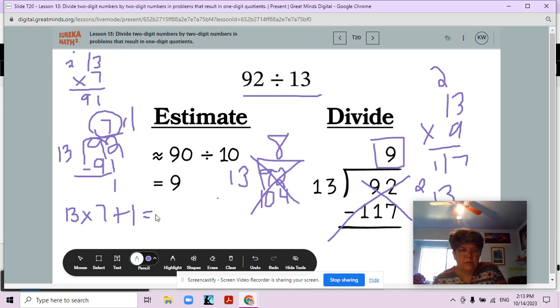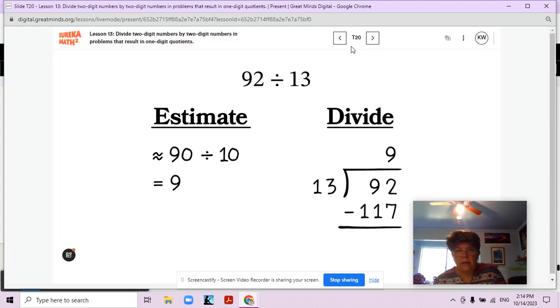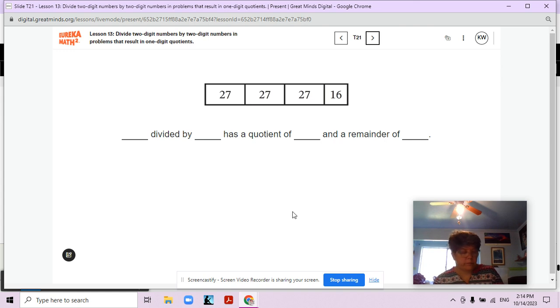That should equal 92, right? We have an equation here that shows what we did. 13 times 7 plus 1, a remainder, equals 92. Excellent job. Now we have a little puzzle.